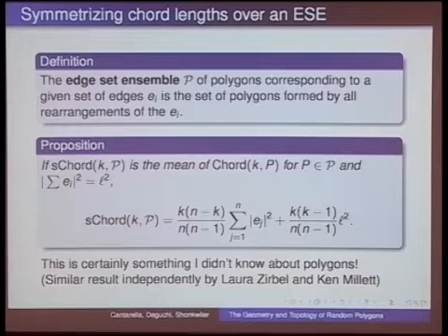And the point somehow is that if I take guys that skip the first 3 edges in one polygon, well, I have to worry about how those 3 edges compare to the other n-3 edges that you're not sampling. But if you symmetrize over all rearrangements, then those 3 edges could be any 3 edges. And in fact, every triple of edges shows up.